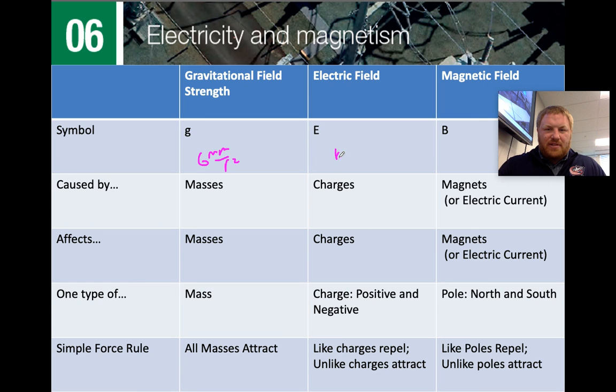We're dealing with charges now, but it's basically Q1, Q2 over R squared. But now with magnetic field, we actually have a different formula, and that formula is what the F bill. We don't really care. They follow a little bit different rules here.